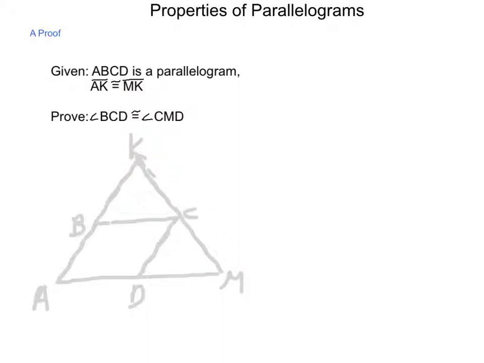So let's use this to prove that angle BCD, which is here, is congruent to angle CMD, which is here. So let's see what we can do with this.